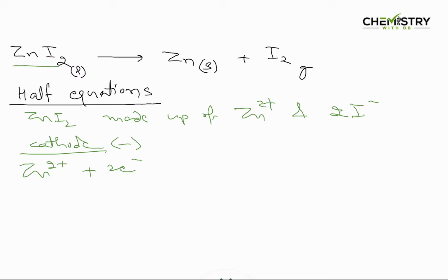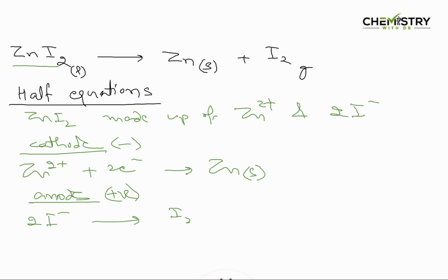And they will gain 2 electrons to form zinc metal. At the anode, the 2I-, because these are negatively charged, will go to the positive anode, and they will lose 2 electrons to form iodine. And this is how you are getting the elements zinc and iodine from the electrolysis of molten zinc iodide.